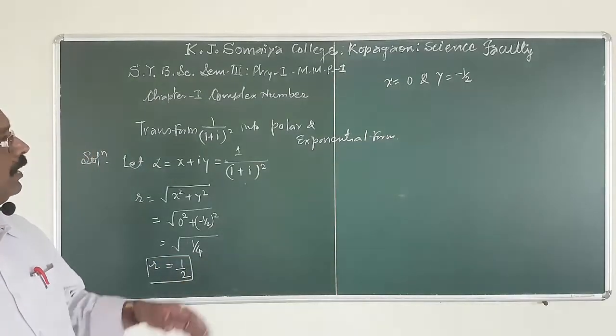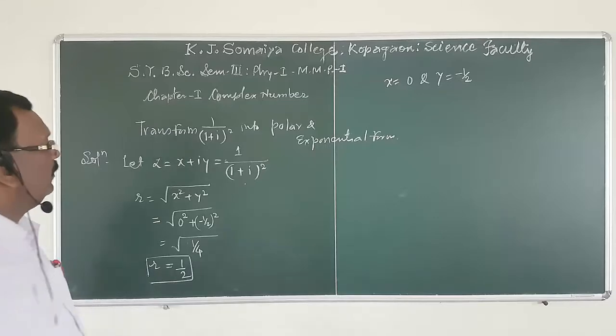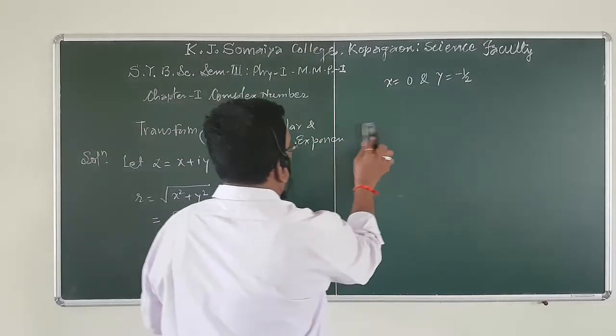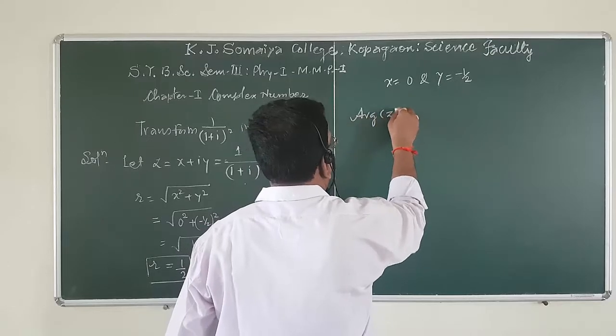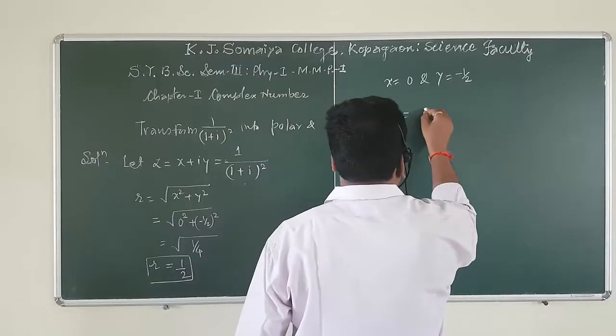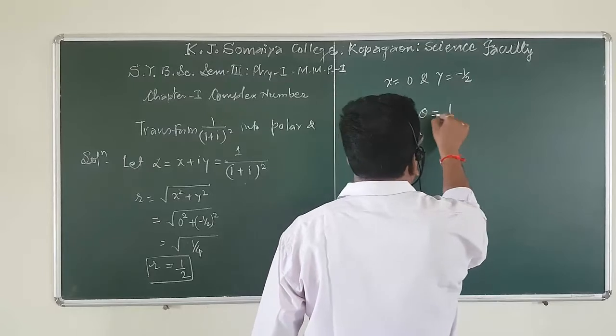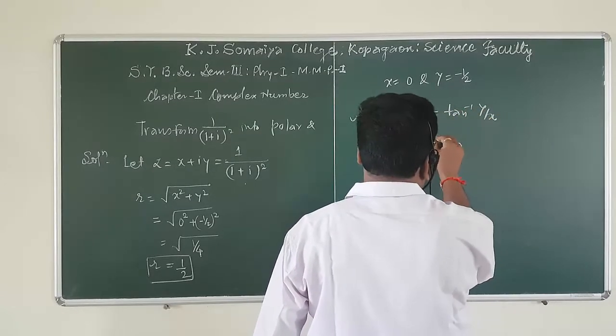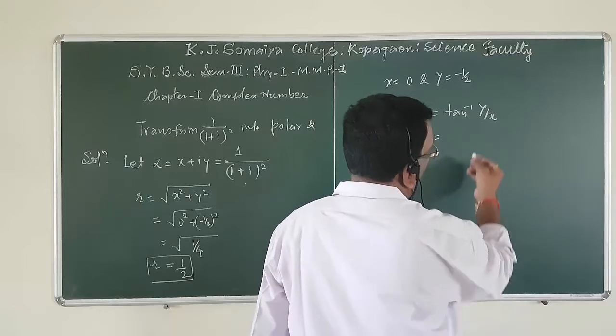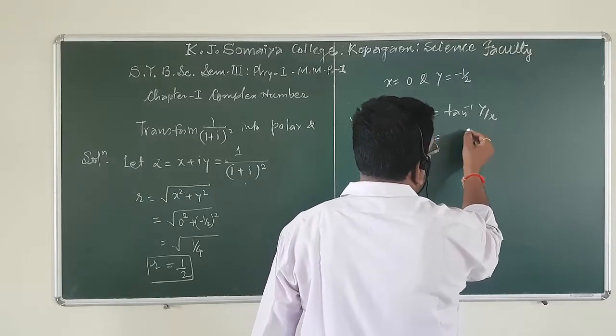Now, we have to calculate the argument. What is the argument? Argument of z is equal to theta is equal to tan inverse y upon x. Then substitute the values of y and x.